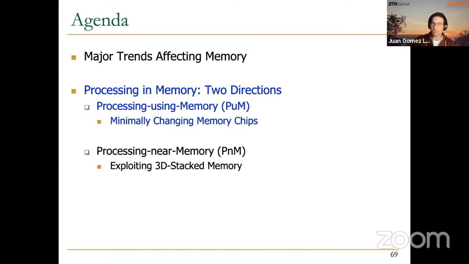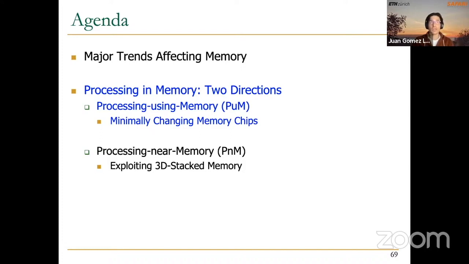So if you want to put a processor there, like a RISC-V core, for example, you will need to spend much more area.